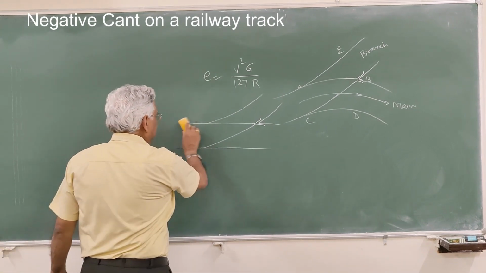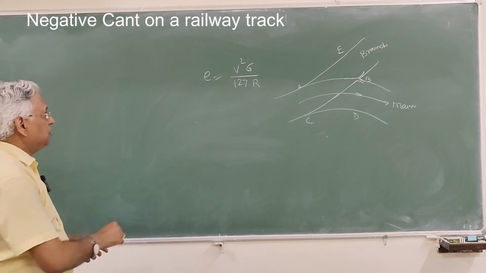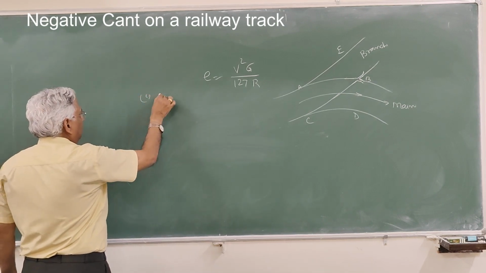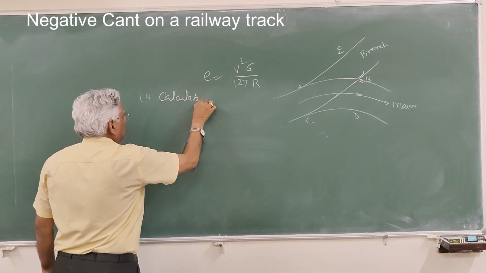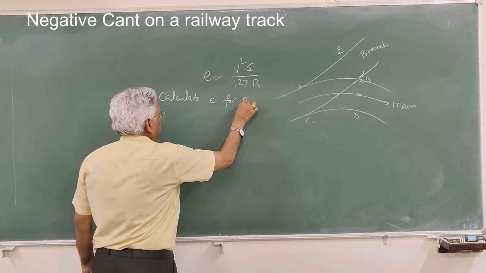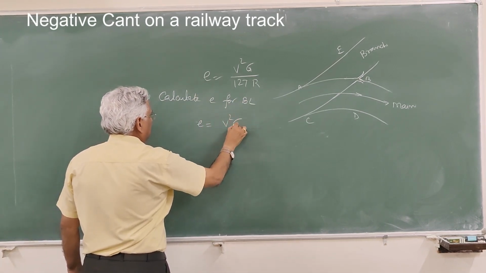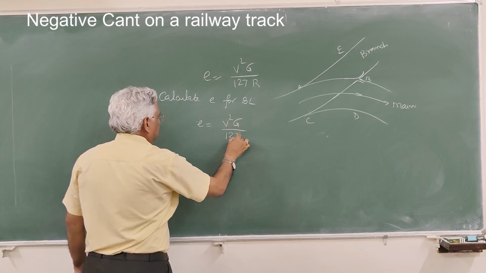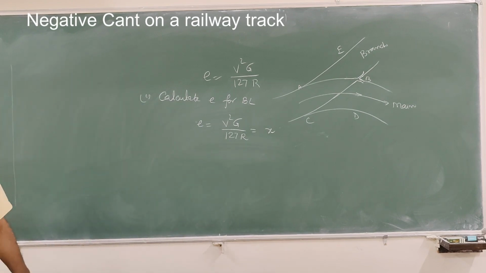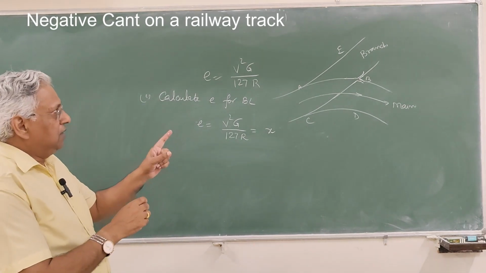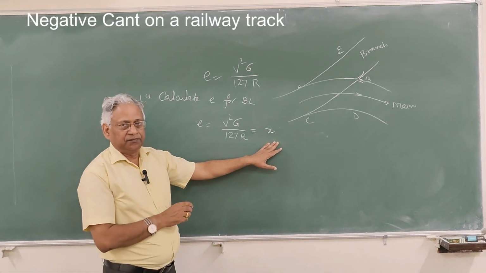But in the case of diverting tracks, what we do, first you calculate the amount of cant required for branch line using this equation, E is equal to V square G upon 127 R. Let us say this is X. The speed on branch line is limited and you get a value of cant.